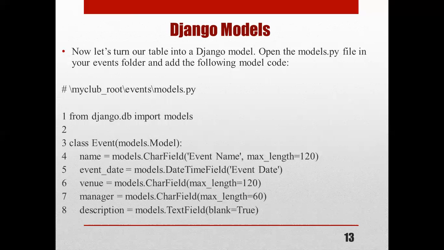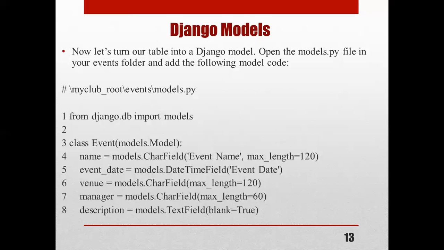So here you can see one example for models.py. Open the models.py file in your events folder and add the following, in your myclub_root. After installing Django in your system, you will see all these folders.